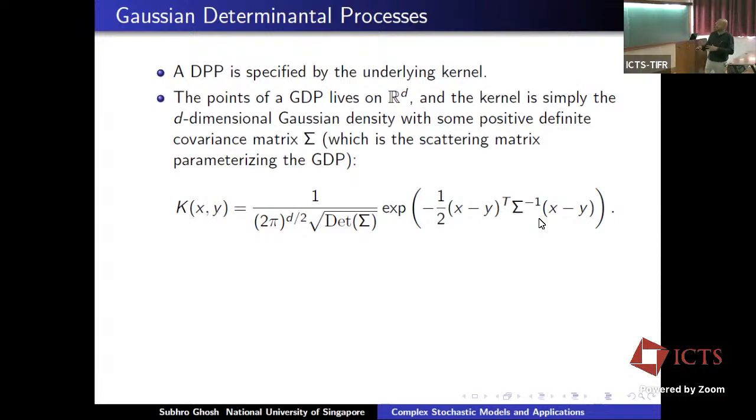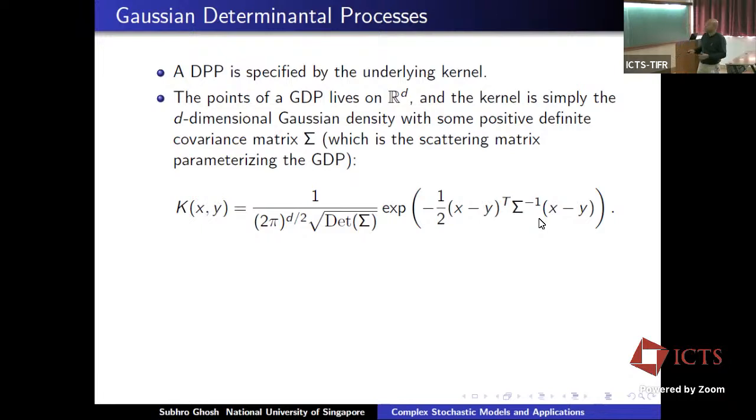So it's going to be a translation invariant point process on the Euclidean space R^d, and the kernel K(x,y) will be of the form x minus y. It will be a function of x minus y, and the kernel is going to be simply the d-dimensional Gaussian density with some positive definite covariance matrix, and this is what we are calling the scattering matrix, just to distinguish it from the covariance or the correlations between the points.